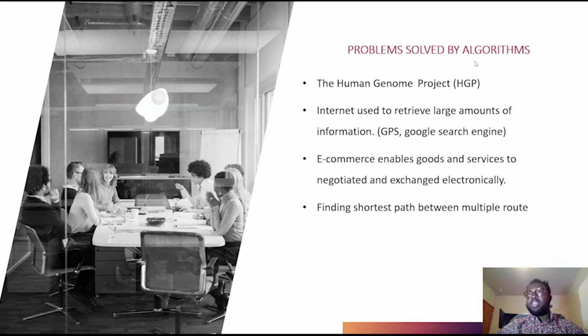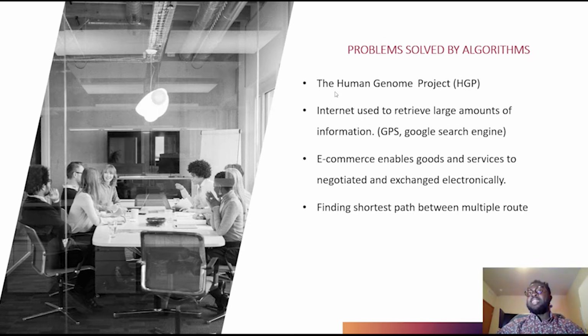We have an algorithm that will consider all these options and will pick the shortest route that will take you to your destination. In the long term, that means you are going to pretty much save time.